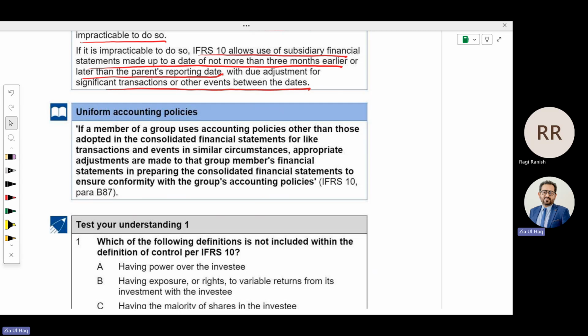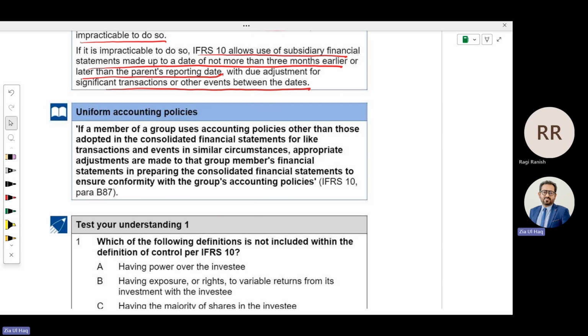So in that case, what do you need to do? You need to adjust the subsidiary accounts according to the group accounting policy, and you need to provide a disclosure in consolidated financial statements. Meaning, due to different accounting policies, what is the change in results?